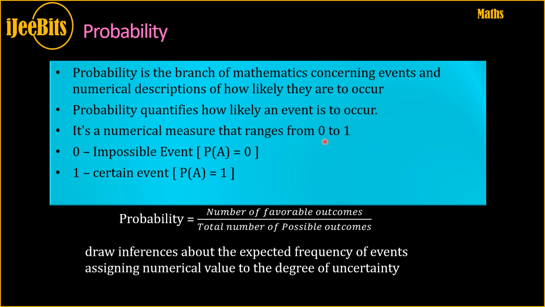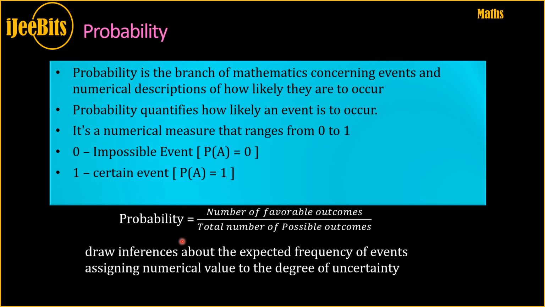These are the two extremes, and in the middle you can get a subset of values. 0 means an impossible event. That event is never going to happen in that scenario, so the probability of that event is 0. If you are 100% sure the event is going to happen, then the probability is 1, P of A equal to 1.